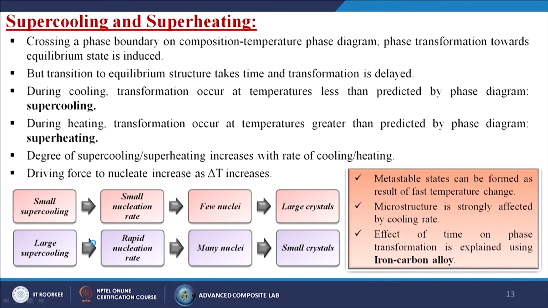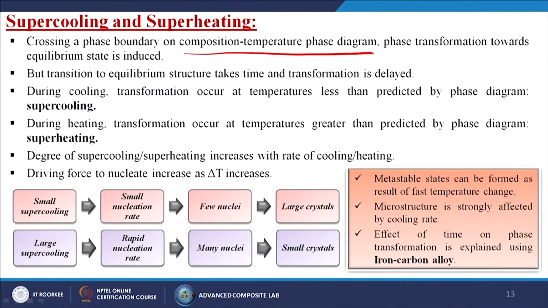Now, we are going to discuss supercooling and superheating, because supercooling and superheating have a very high impact on nucleation or maybe the grain growth. So, on crossing a phase boundary on a composition temperature phase diagram, phase transformation towards the equilibrium state is induced, but the transition to the equilibrium structure takes time and the transformation is delayed.